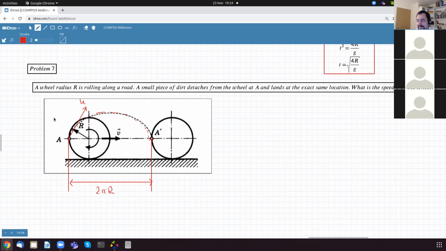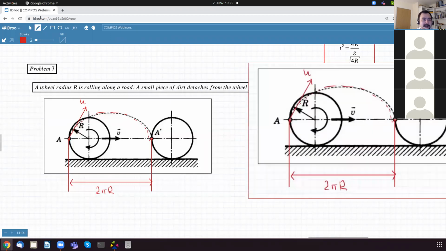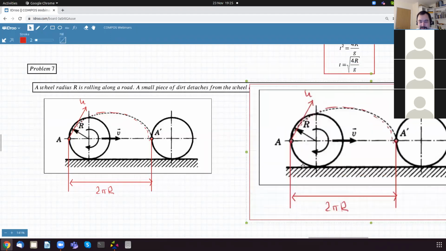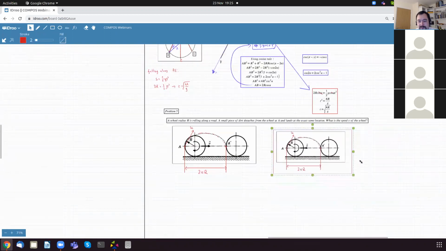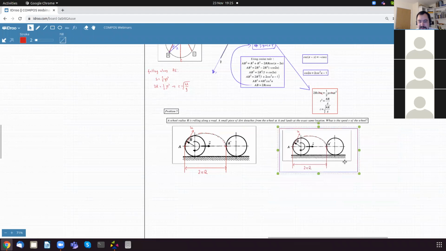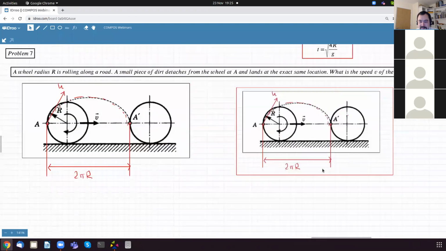Well, actually, nobody did. So we'll solve it for one rotation separately, and we'll solve it for n rotations, 2 pi r n.